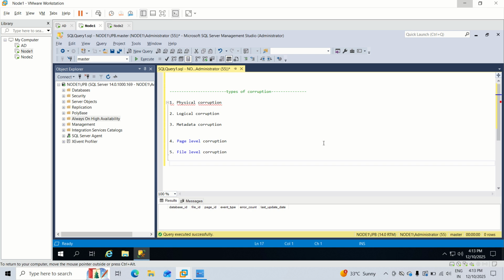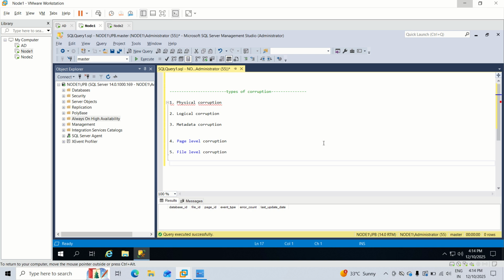File level corruption happens in the database files like MDF, NDF and LDF. Causes include a wrong file copy, file system problems, partial writes, and restoring from a corrupted backup. Symptoms are the database going into suspect mode, or being unable to attach or open the database.